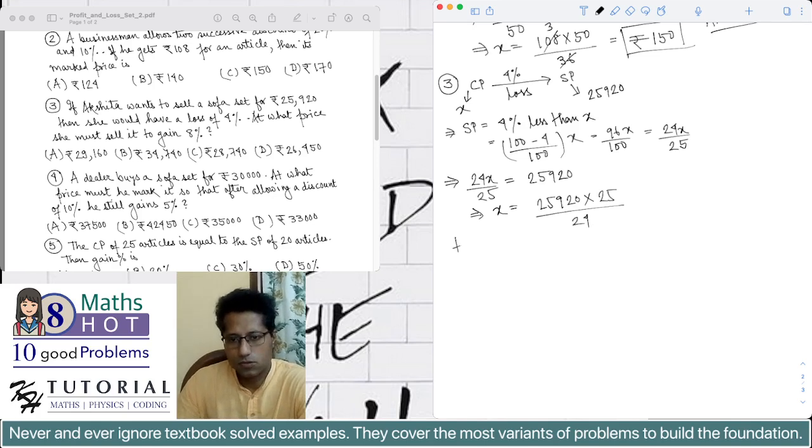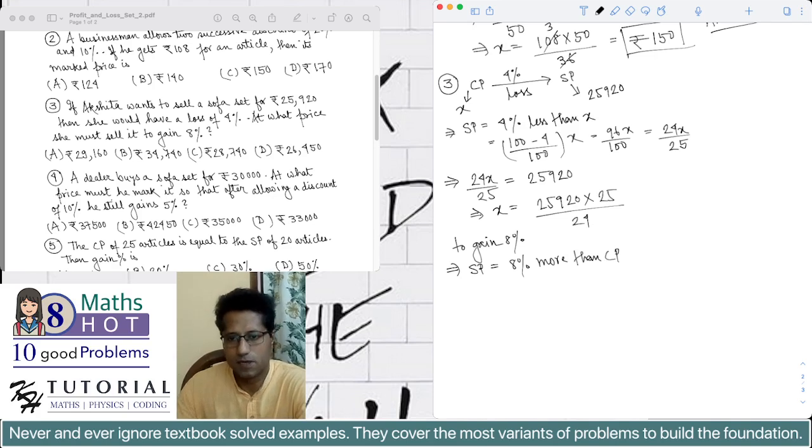Okay, so we know the cost price, and to gain 8%, definitely the selling price has to be 8% more than the cost price. So to gain 8% implies the selling price has to be equal to 8% more than cost price.